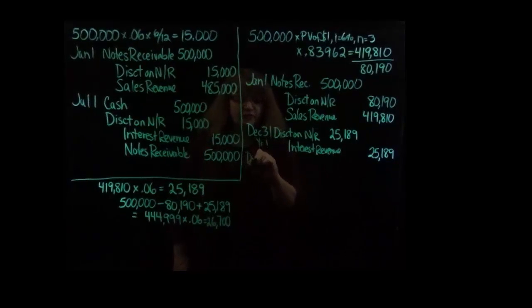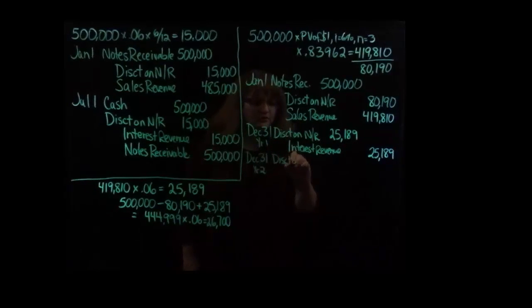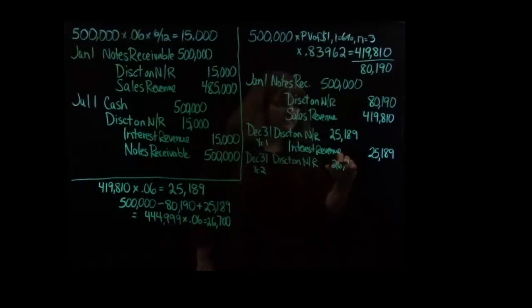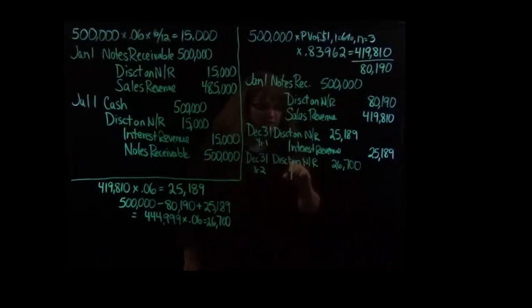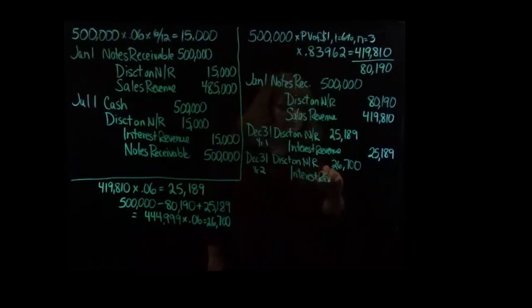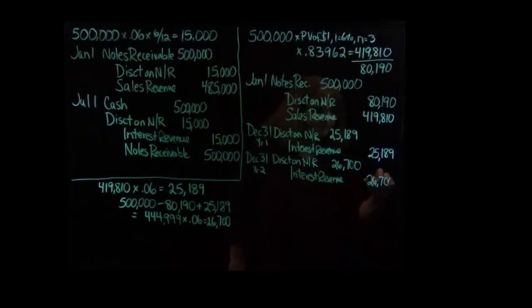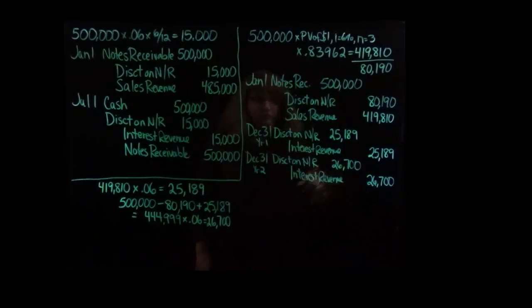Now on December 31st of the second year, we would debit the discount for $26,700 and credit interest revenue for that same amount. Then our present value or book value of the note increases by that $26,700.